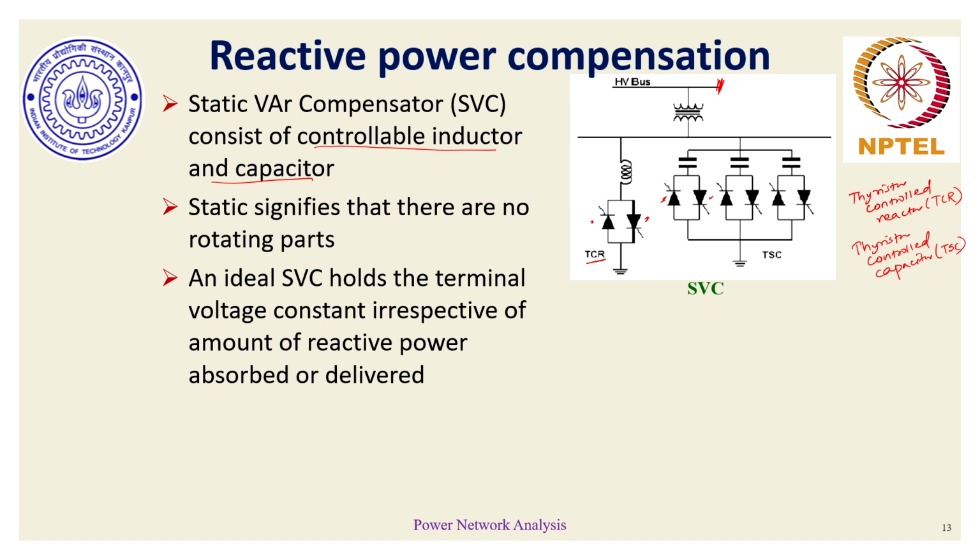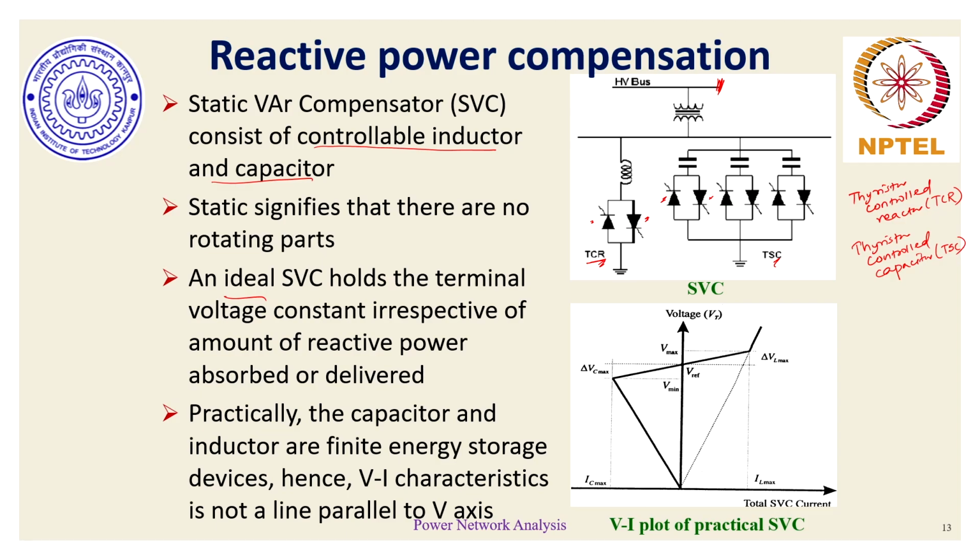Practically, since these devices are all reactors or capacitors, the ideal profile expected from an SVC is that no matter what the reactive current is, whether capacitive or inductive, the voltage profile should always be a flat line. That doesn't happen in practice. The flat line should be a perfect constant line, irrespective of whatever the inductive current or the capacitive current is.